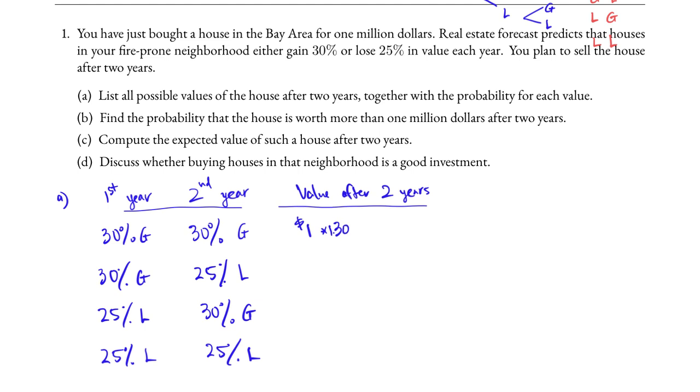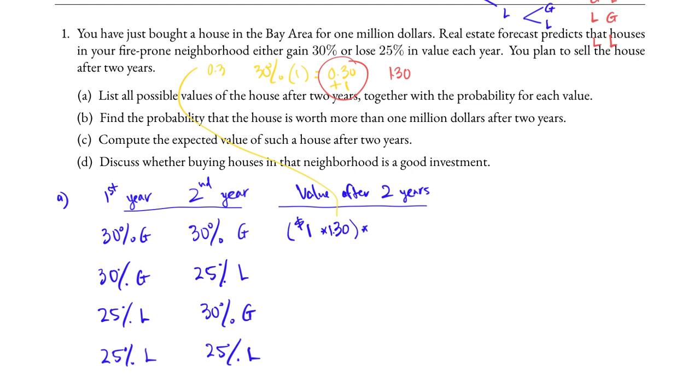This is because 0.3 represents 30%, but when we take 30% times 1 million, we only get the amount that was increased. We still need to add this to 1 million to get 1.30. And so the factor we need to multiply is again 1.3 for a 30% increase. And that is the value of the house after the first year.